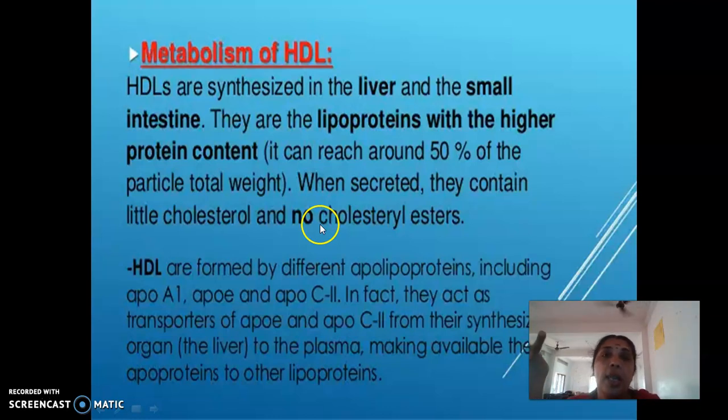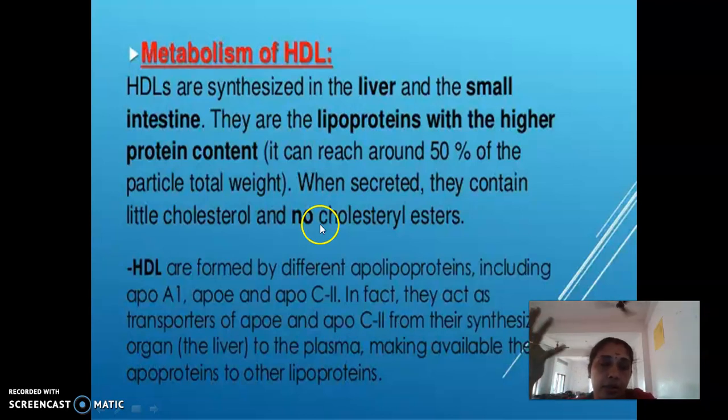This mature HDL now comes out of the peripheral tissues and starts moving through the circulation. And during the course of the circulation, what happens? They will be continuously liberating ApoC and ApoE, and the cholesterol esters will be transferred to the other lipoproteins that they come across.